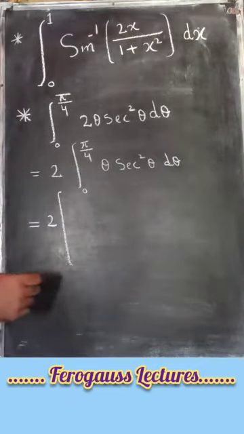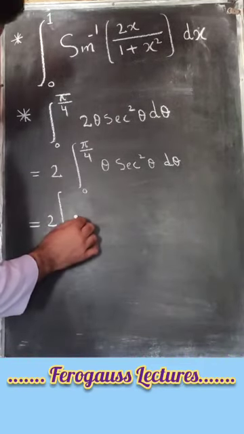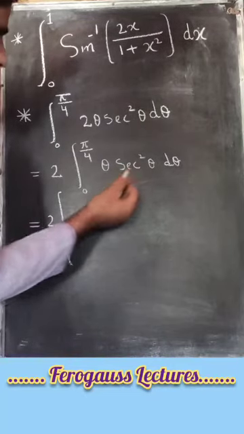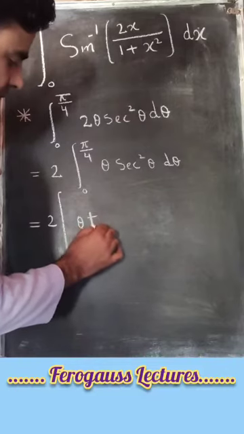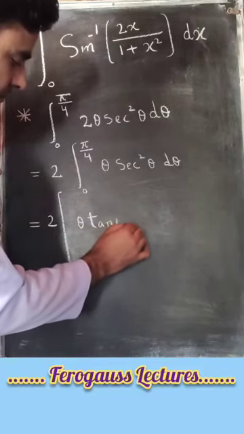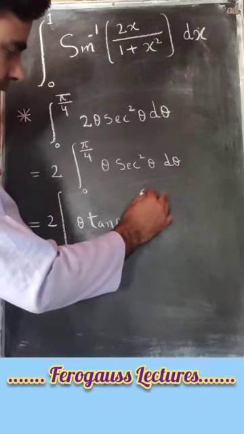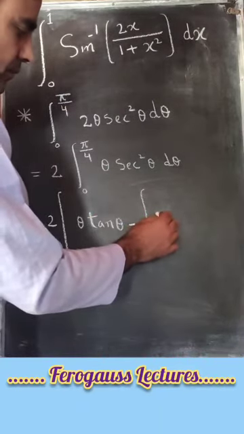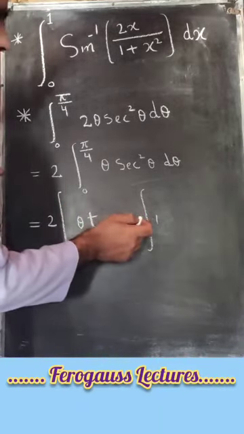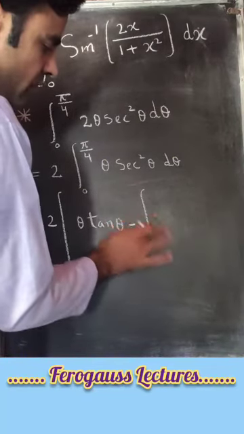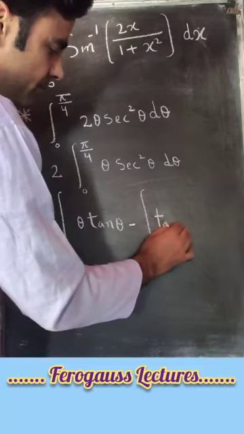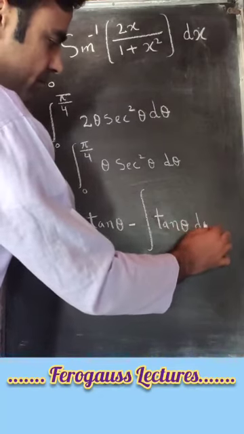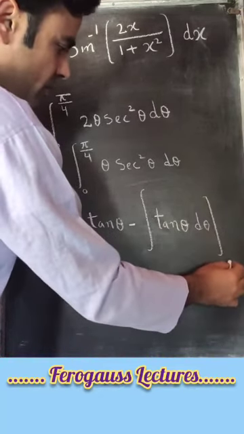Now we have to integrate this, keep theta as it is, then integration of secant square theta is tan of theta minus integration of, now differentiation of theta is 1 and integration of secant square theta is tan of theta. So we can write 1 into tan of theta is tan of theta, d theta. And limits is from 0 to pi by 4.